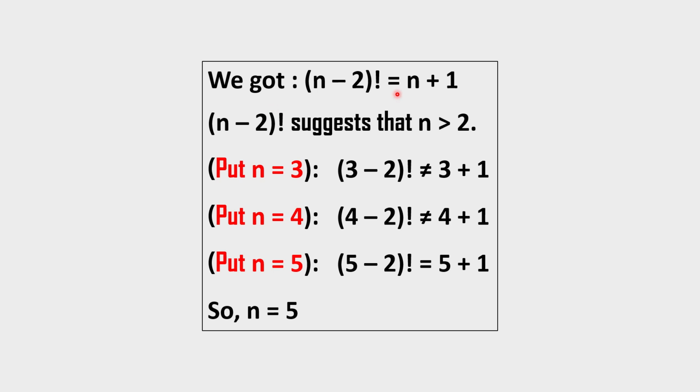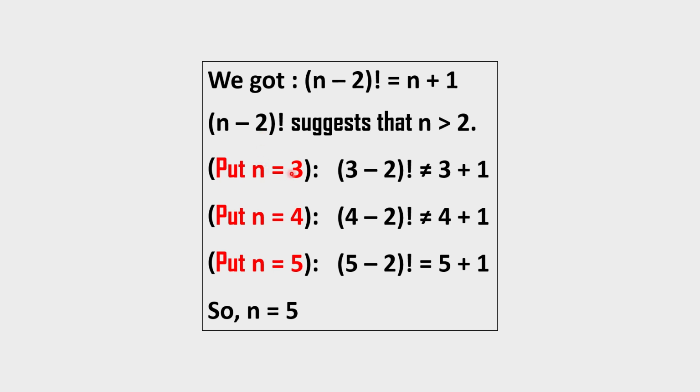Now (n minus 2) factorial automatically suggests that n is greater than 2, because factorial is defined normally for positive integers, natural numbers, not for fractions. So n should be a positive integer greater than 2.